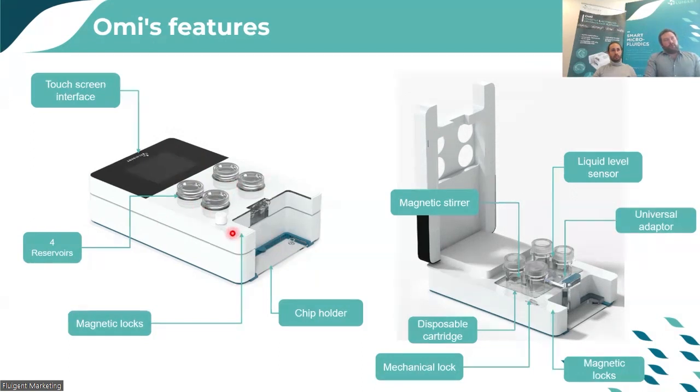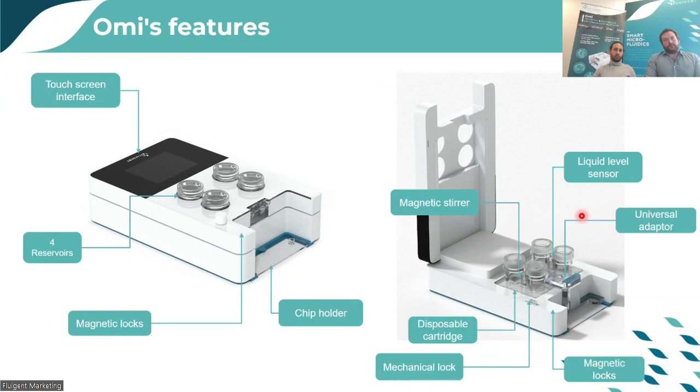It is closed using magnetic locks, and you can have chip holders for standard microscope plate formats, but if you want to use your own format for your chip, you can still connect it using your own chip holder.